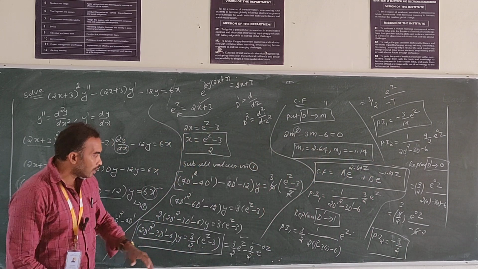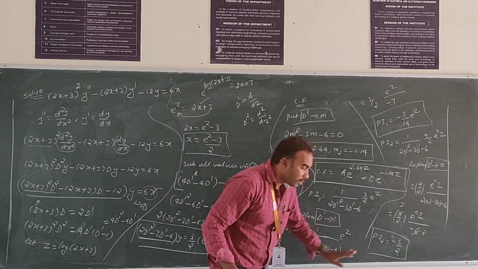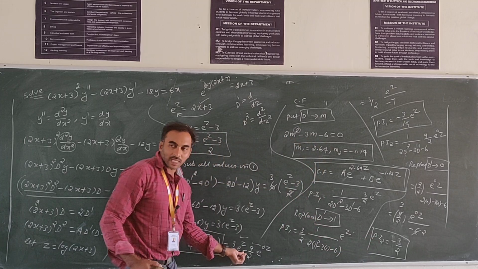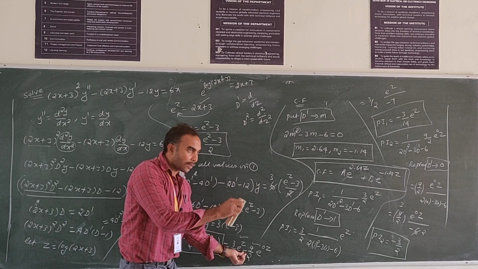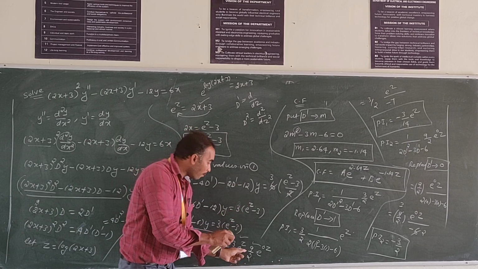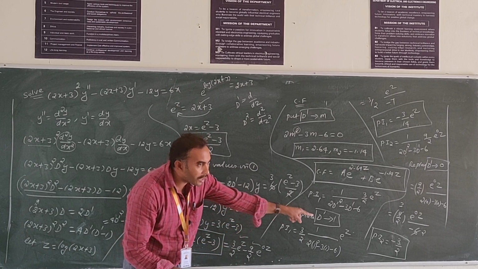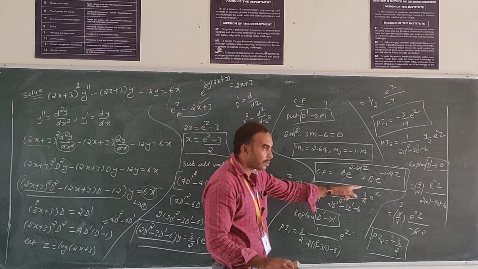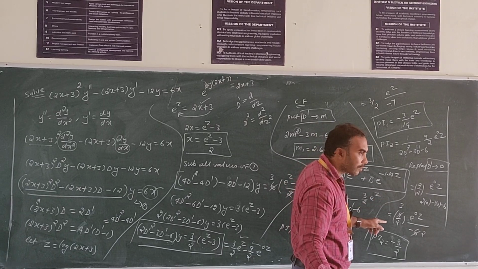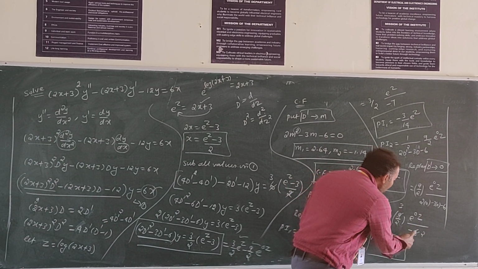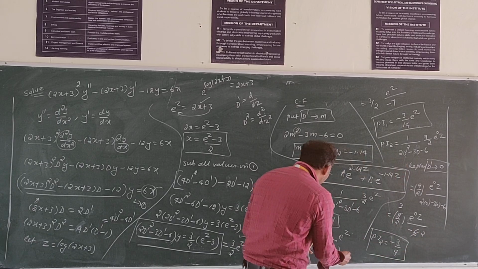Okay, so this is particular integral 1, this is particular integral 2. Next, here the minus symbol is there. So what is the particular integral? Particular integral 1 minus particular integral 2. Okay, 2 into 2 is 4, one correction, so minus 3 by 4.